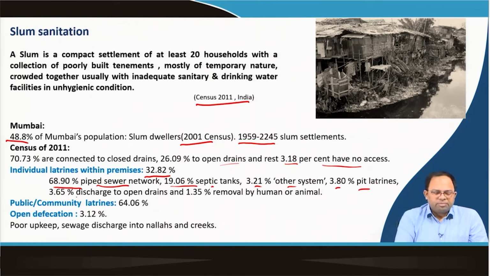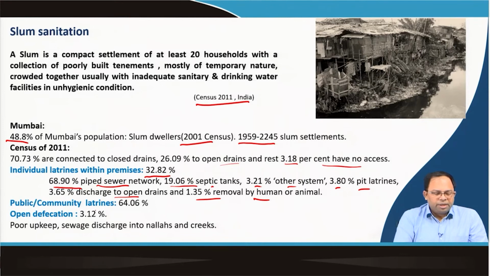And 3.65% is discharged to open drains, and 1.3% is removed by humans or animals, some form of system where manually the excreta is removed, which you can understand is a conservancy system.